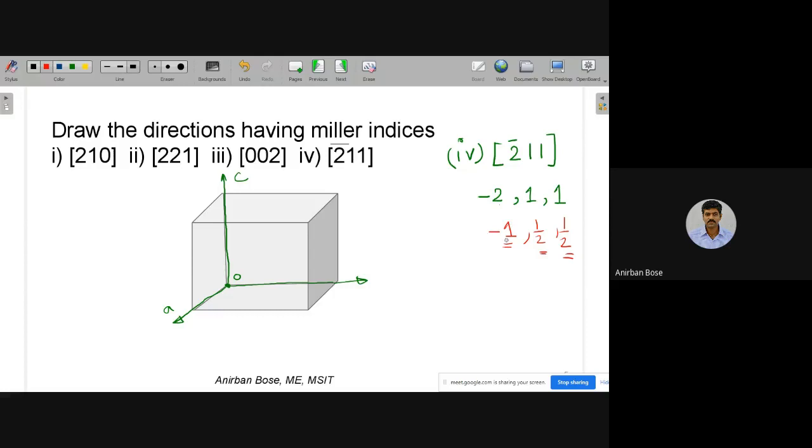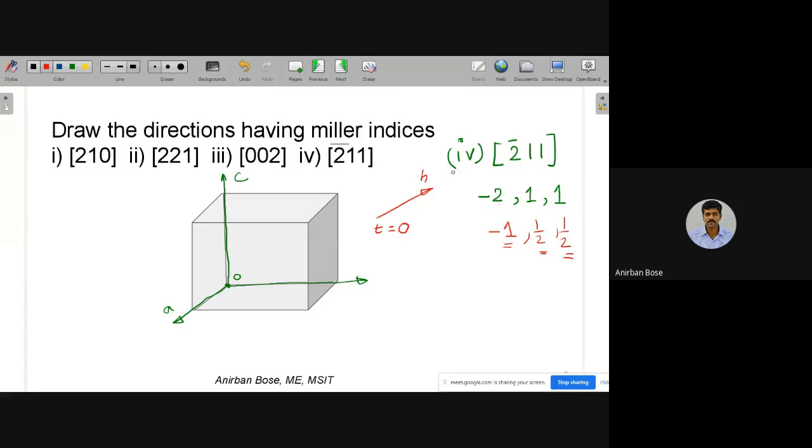Now what we are going to do is very simple. Let us consider we are going to draw an arrow where we'll put its coordinate head and we'll put its tail. So this tail we will make as origin. Always when a particular Miller indices is given and you have to draw it, we'll make its tail at origin.